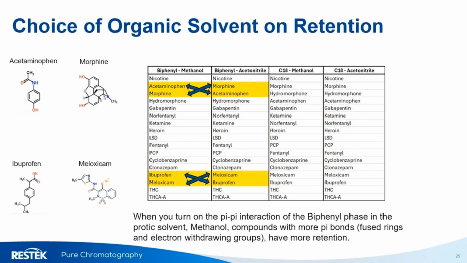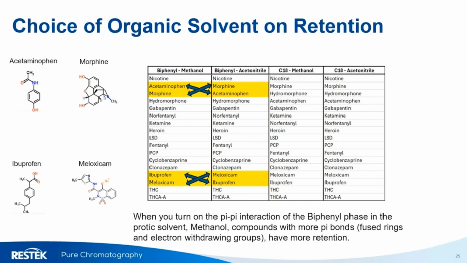But when we look at the comparison on biphenyl, we have some noted differences. We are seeing some changes, some swapping in the retention profile for some of the analytes. The reason this happens is because when you switch from an aprotic solvent like acetonitrile to a protic solvent like methanol, you are actually activating the pi-pi interactions on that biphenyl stationary phase.